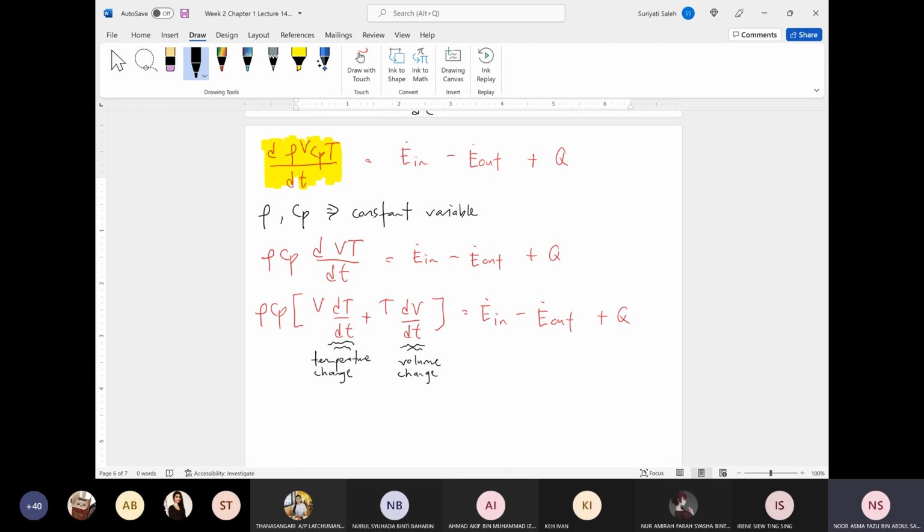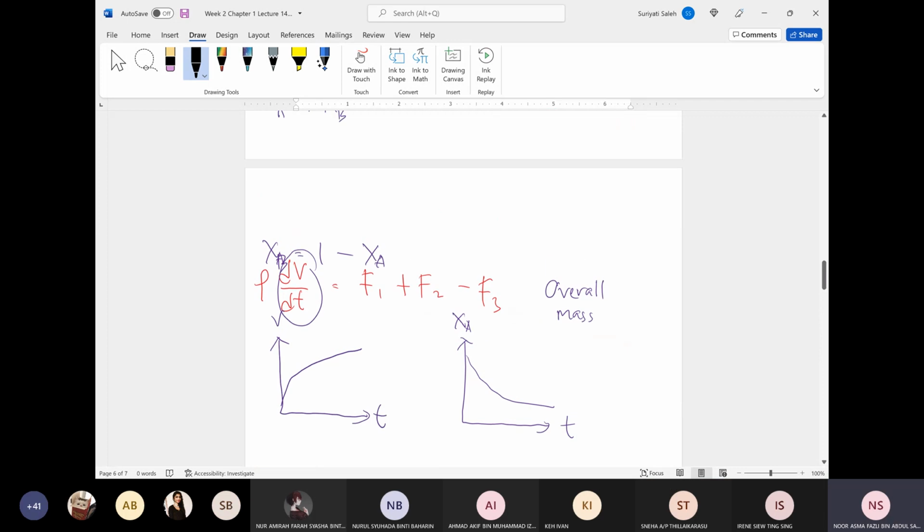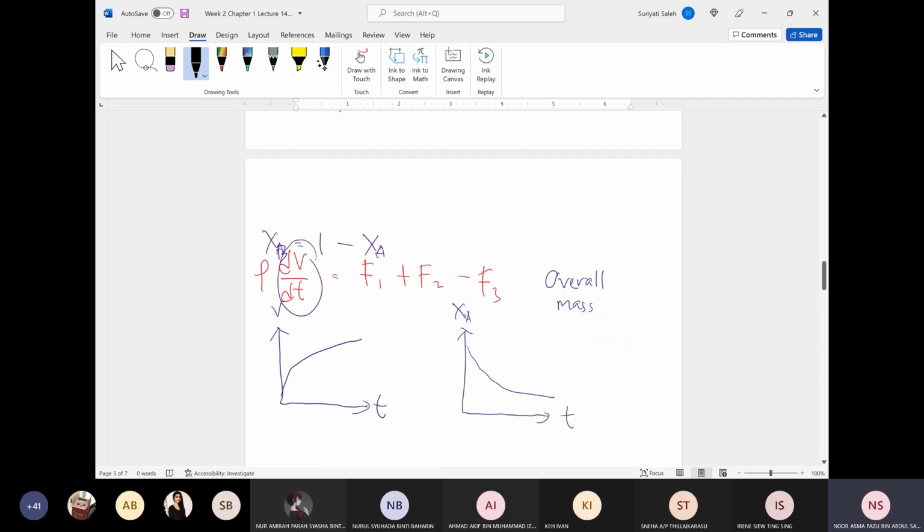In this case, normally the volume change can be substituted based on the derived overall mass balance. If we look back at the previous lecture, we have rho dV over dt equal to F1 plus F2 minus F3.